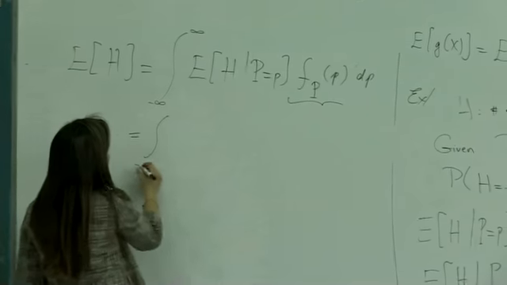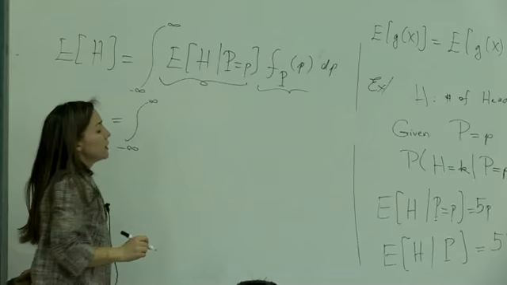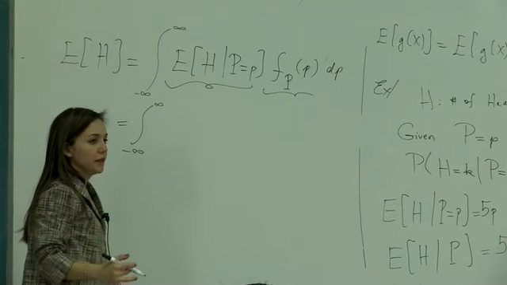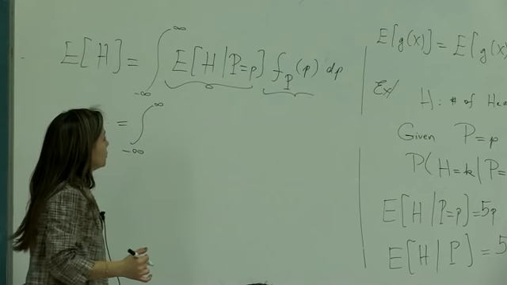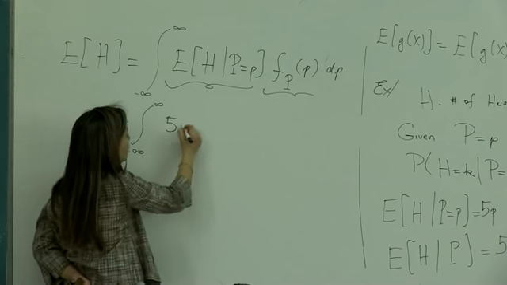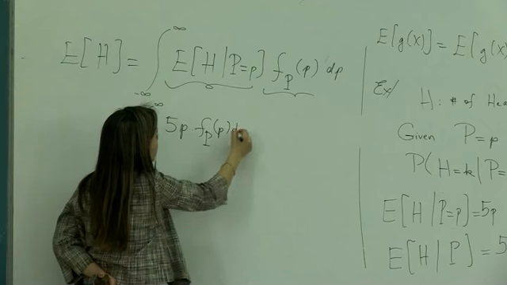So let's continue with this. This is the integral from minus infinity to infinity of the expected value of H given the probability of success being p. That's equal to 5p, times f_P of p, dp.